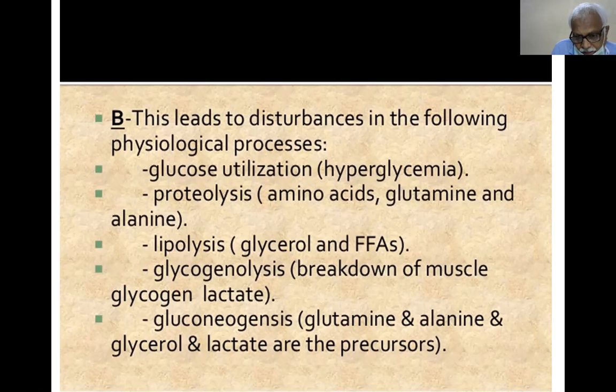And in gluconeogenesis, glutamine, alanine, glycerol, and lactate are the precursors. Glucose production from non-glucose substrates is known as gluconeogenesis. You have to be able to tell all four to get 2 marks in an ultra short question. So gluconeogenesis will be from glutamine, alanine, glycerol, and lactate.